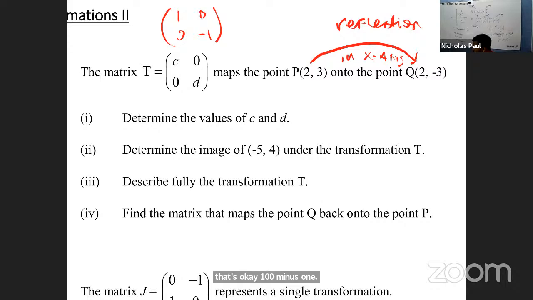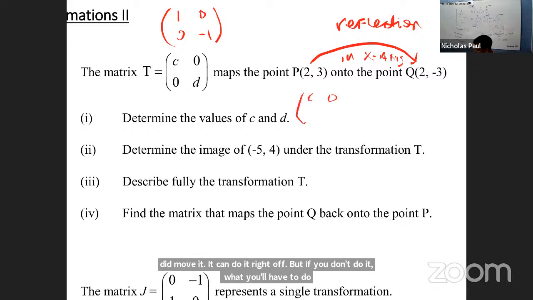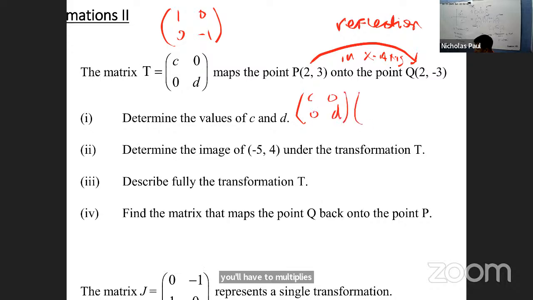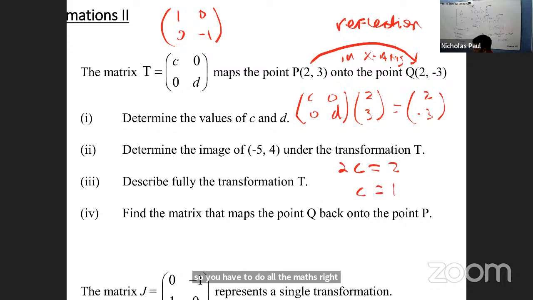But if you don't know it, you'll have to multiply (c, 0, 0, d) by (2, 3). Multiply it out, you'll get 2c is 2, so c is 1. Then 3d is -3, so d is -1. So if you memorize and recognize transformations, you can work it out.